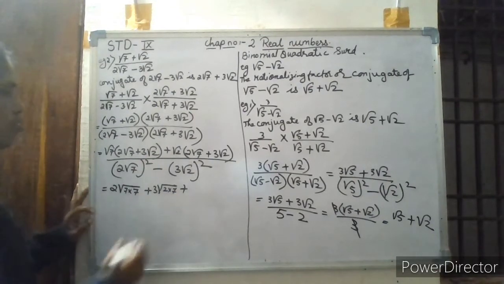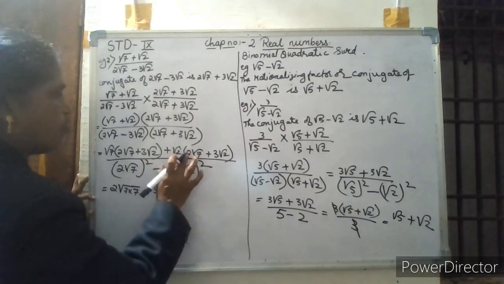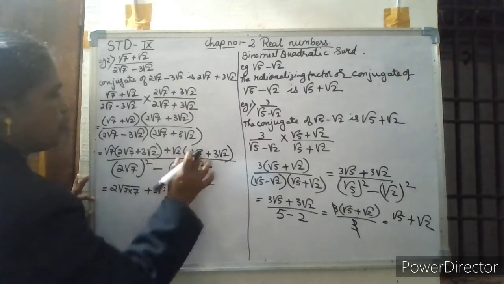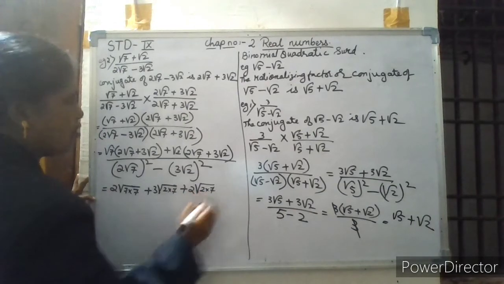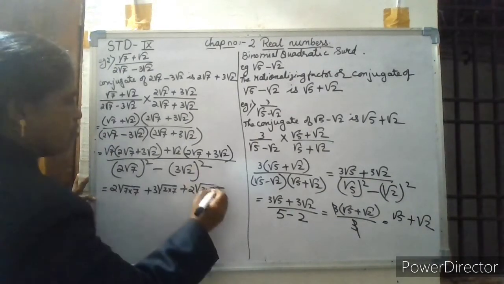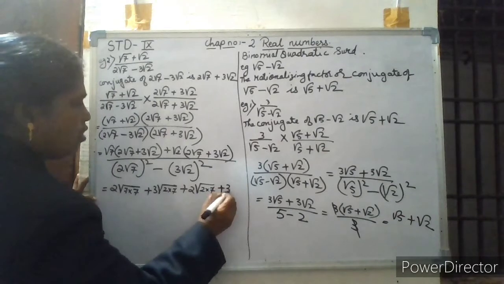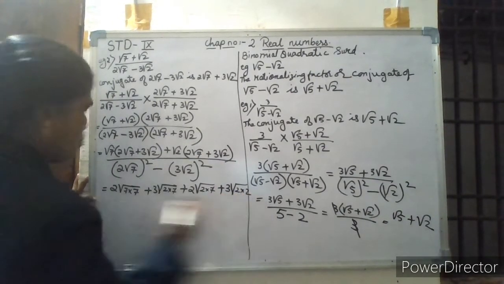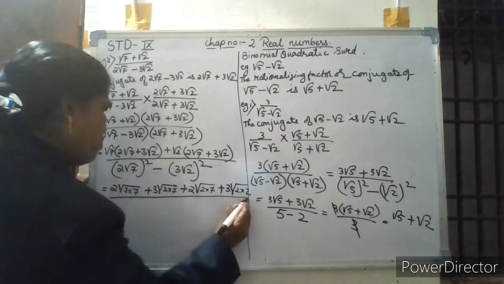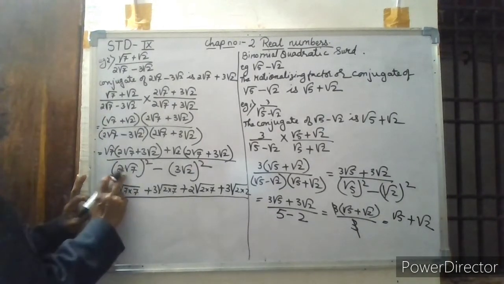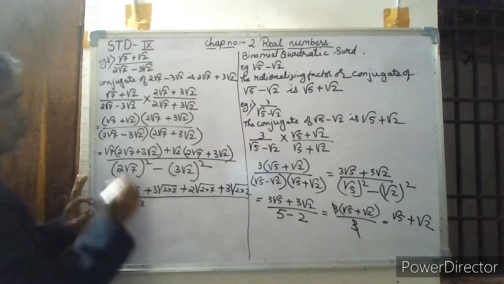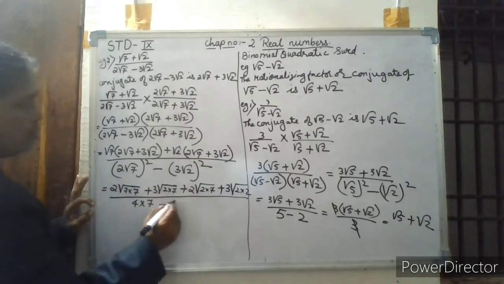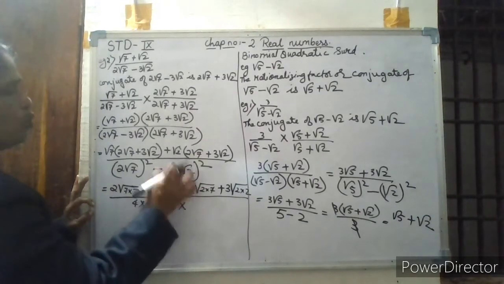Then 2 is the coefficient into under root 2 into 7. Then plus into plus is plus, so 3 is the coefficient, under root 2 into 2. This is a square. Now square this. 4 into root of 7 the whole square is 7 only, minus 3 square is 9 into root of 2 square is only 2.